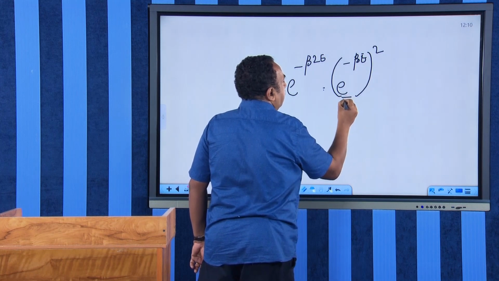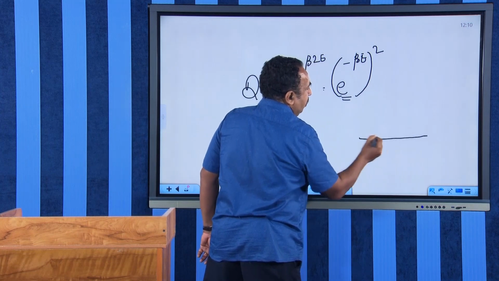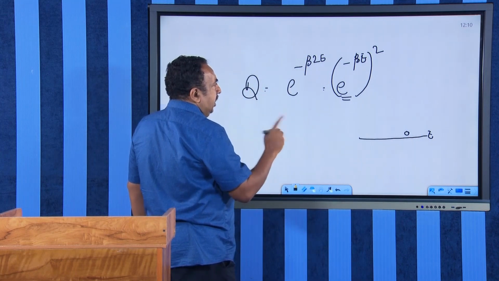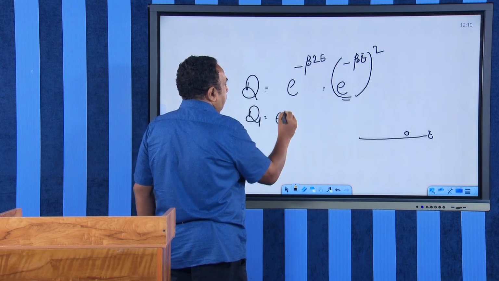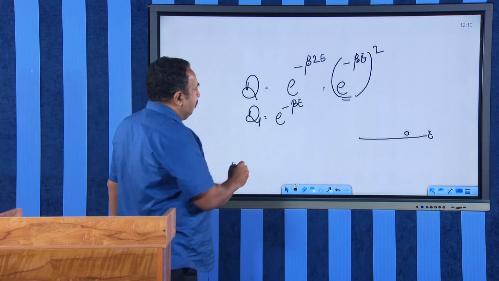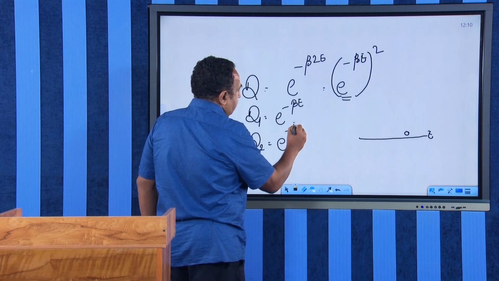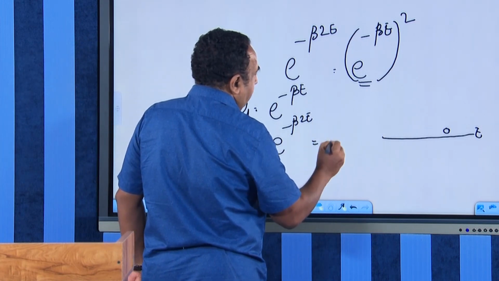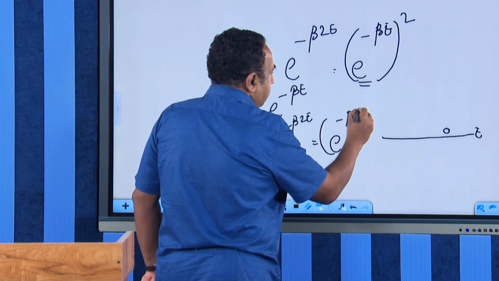And what was e raised to minus beta E? If I have a single particle in the state E, the partition function Q1 will be e raised to minus beta E. If I have two particles, Q2 will be e raised to minus beta 2E, which I can write as e raised to minus beta E whole square.